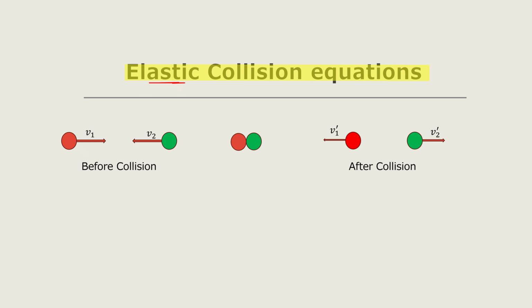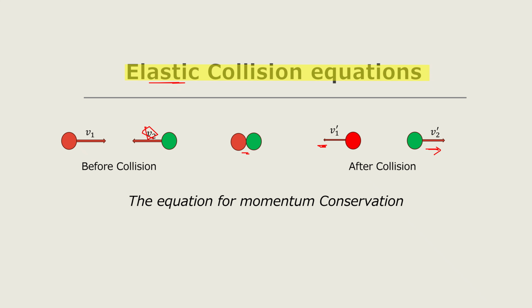One is moving toward the right side with velocity v1 and another is moving toward the left side with velocity v2. And after collision, the first ball is moving toward the left side with velocity v1 prime and the second ball is moving toward the right side with velocity v2 prime.